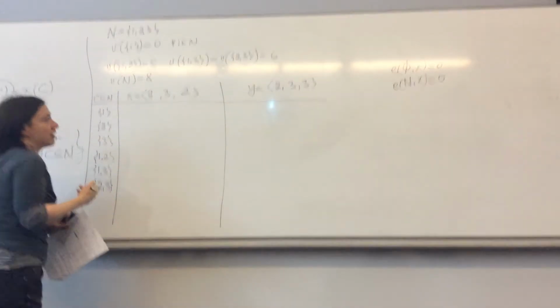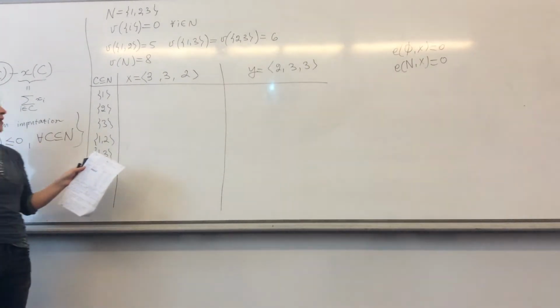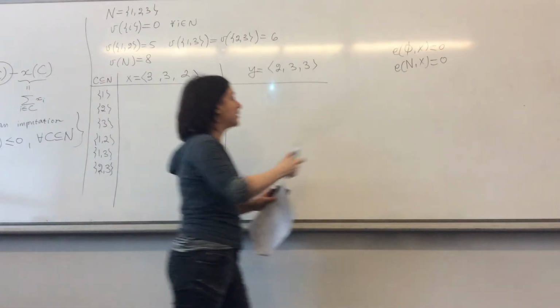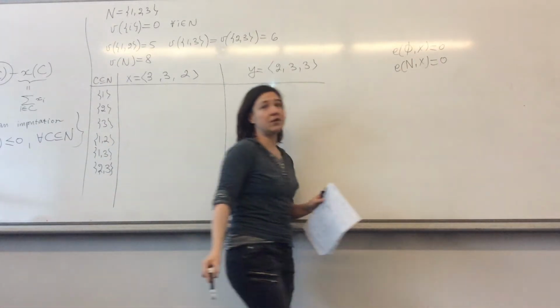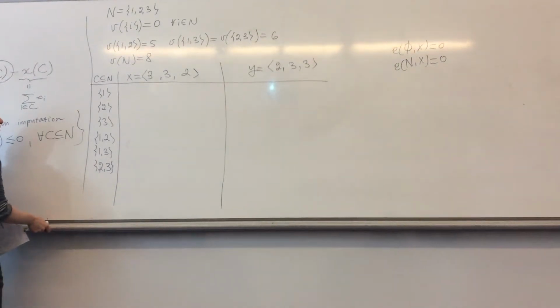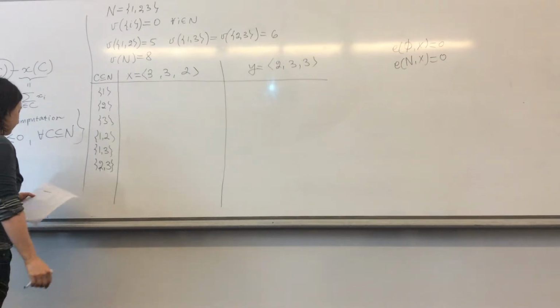Because if x is an imputation, then it distributes the value of the ground coalition exactly, so the difference must be 0, right? And for the empty coalition, its value is 0, and the members of that coalition get 0 under any payoff vector, so that's 0 as well. So for the ground coalition and for the empty coalition, these are 0, so we can ignore them.